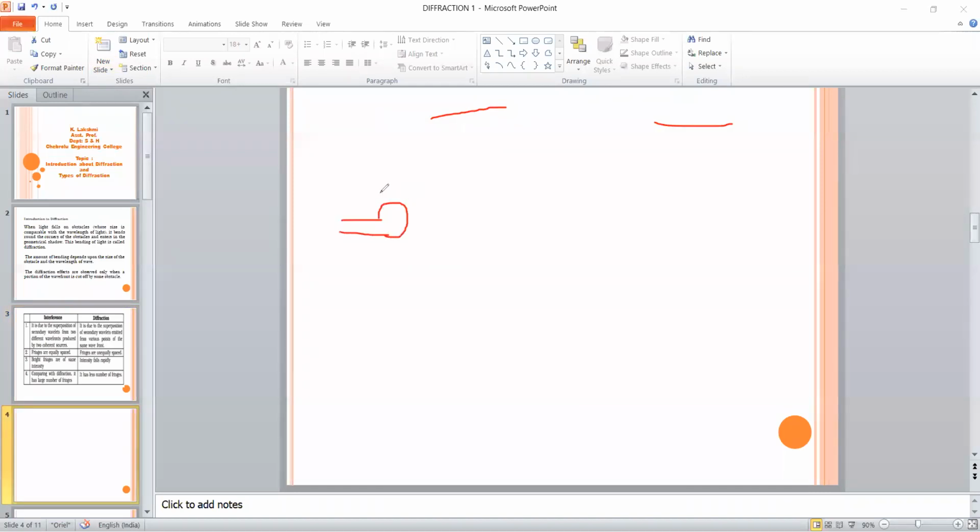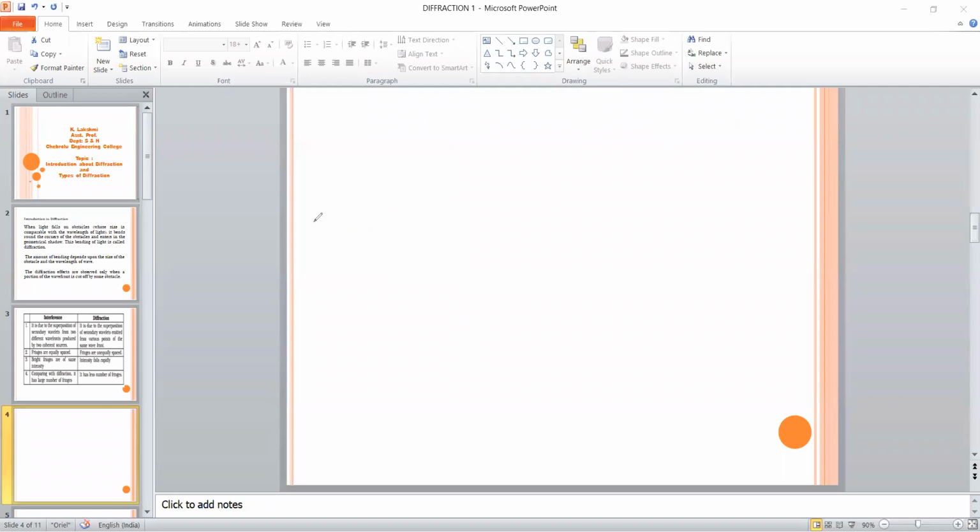These are the wavefronts. Now here in the path of the wavefront, there are two slits.